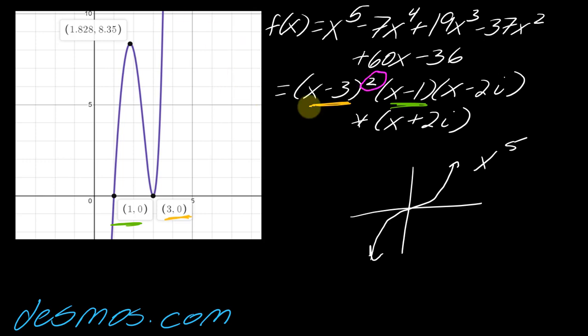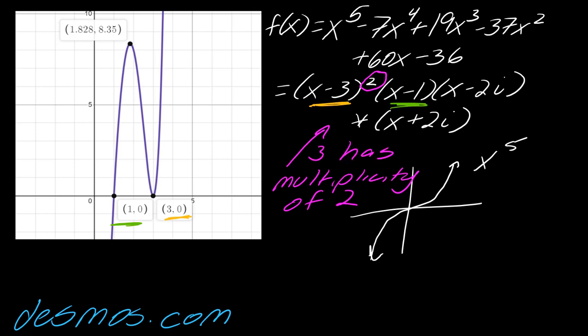This zero, this is x minus 3 squared. This is what's known as a multiplicity. So this zero repeats, and we call this a multiplicity of 2. So 3 has a multiplicity of 2 is what we would say.